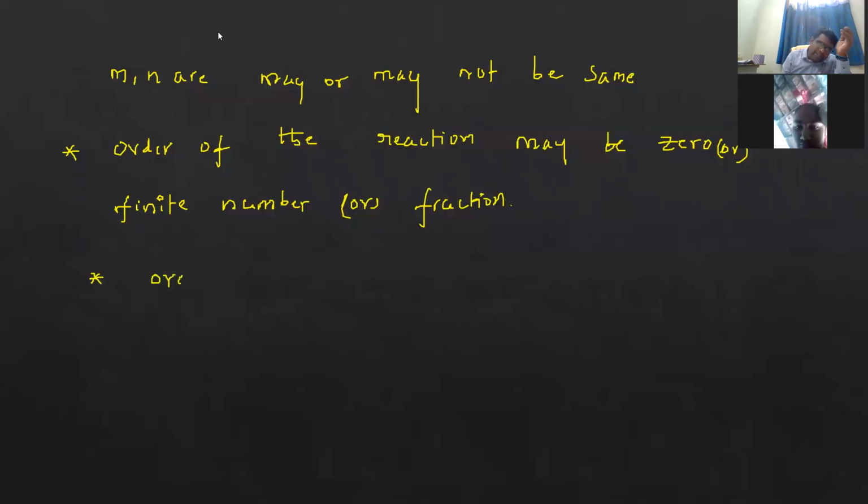Order of the reaction does not exceed 3. So order of the reaction does not exceed 3. And next, order of reaction is obtained experimentally, derived from the rate law.